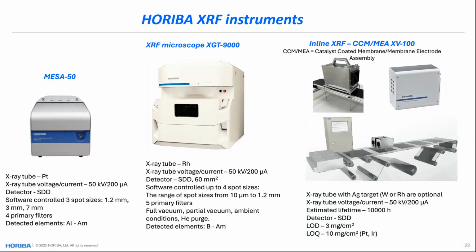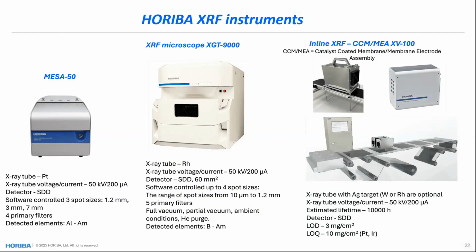The 10 to 15 micron spots are very close to the AFM, so we cover the bridge between the AFM and bulk XRF. It has five primary filters, each dedicated to a specific energy range, which allows very low concentration profiling for some elements.